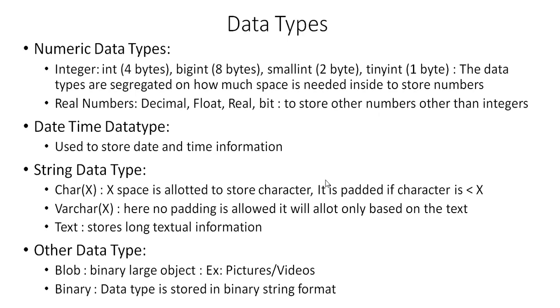So if you allocated 10 as the value of x, that means all 10 bytes are padded. It will store the value, and the remaining space which is allocated is padded.